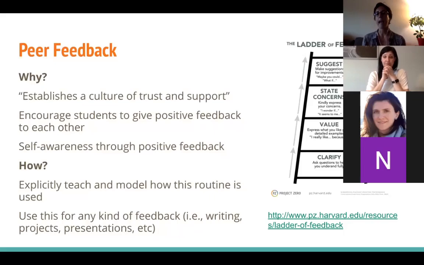The second is adding value. And it's not just, that was great, I really liked it, but I really liked fill in the blank because, and then you get a little bit more specific, and it's sort of supporting students to become more specific. Then they start to develop more active listening skills, and this ties all back in to their social skills in their social emotional learning. Then you go and you state your concerns.